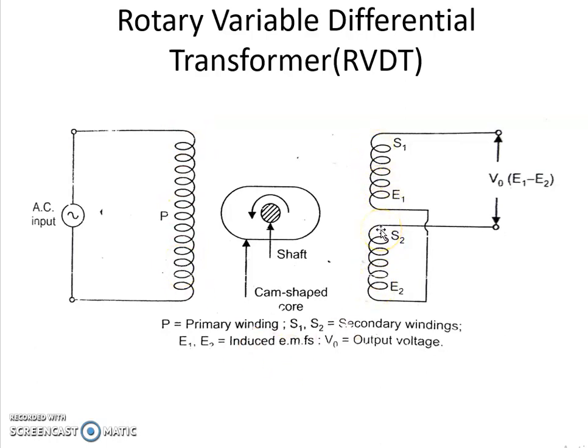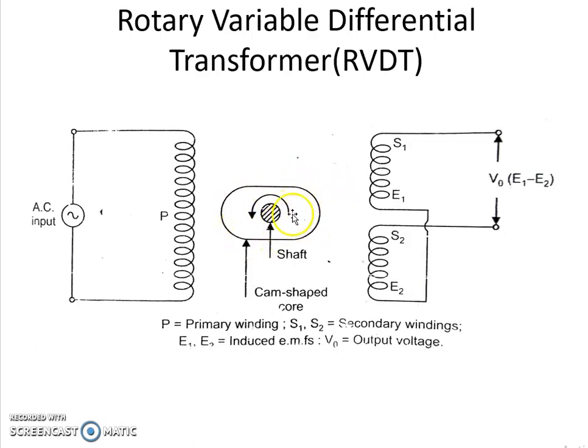The secondary winding is split into two secondary windings having an equal number of turns, and the two secondary windings are connected in series opposition with respect to each other. That means the voltage induced across the two secondary windings will be equal in magnitude and opposite in direction.